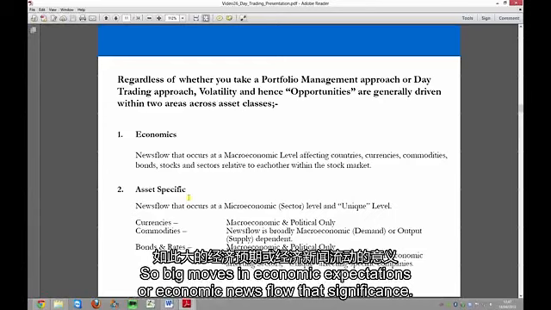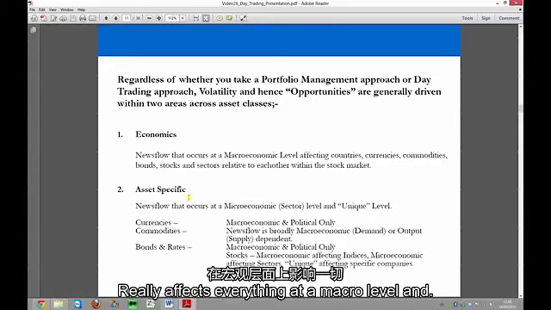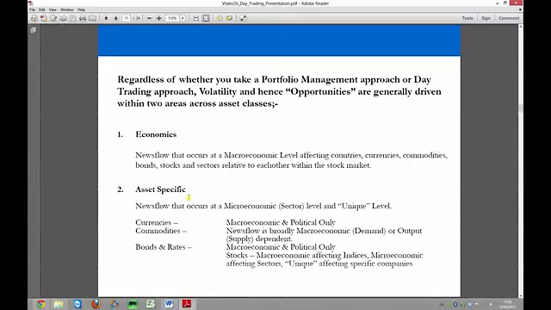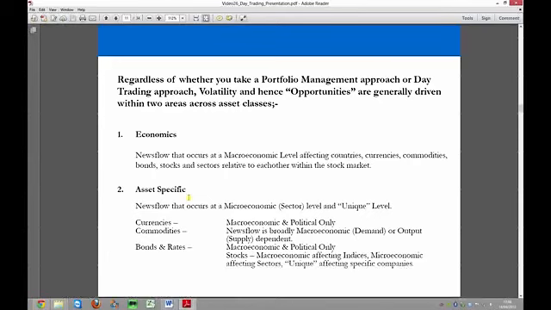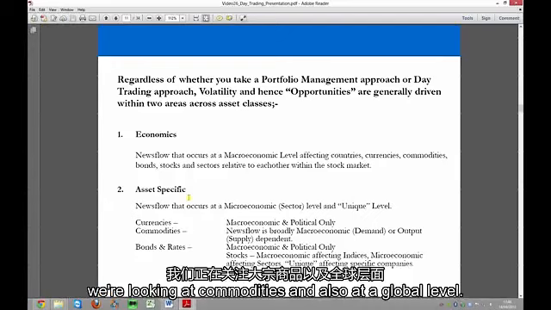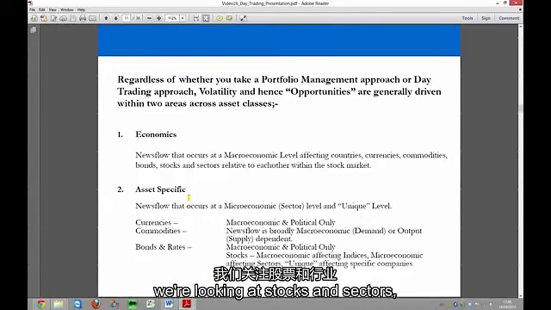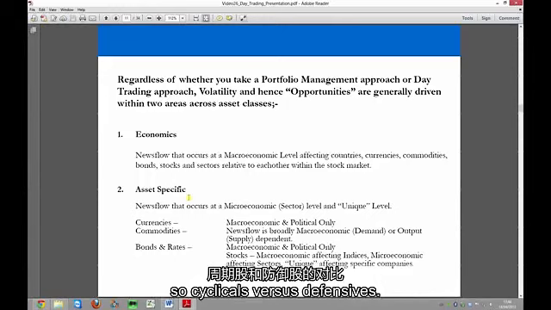So big moves in economic expectations or economic news flow that's significant really affects everything at a macro level. And at a macro level affecting countries, we're looking at currencies and bonds, so interest rates. And at a global level, we're looking at commodities. And also at a global level, we're looking at stocks and sectors, so cyclicals versus defensives.